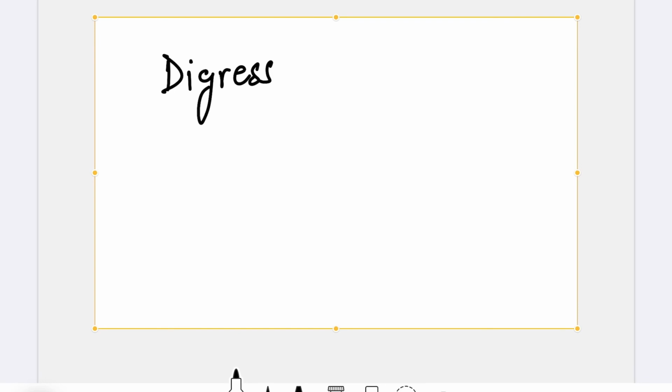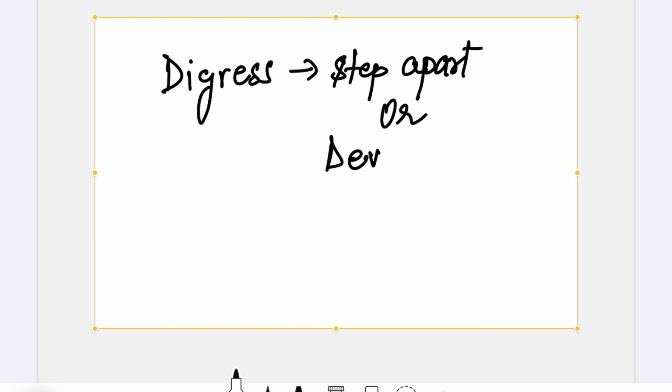Digress means to step apart, or deviate from the main point. If I'm teaching you something on a topic and I deviate from that particular topic, it means that I have digressed from that topic. Okay, so digress means to step apart or to deviate.